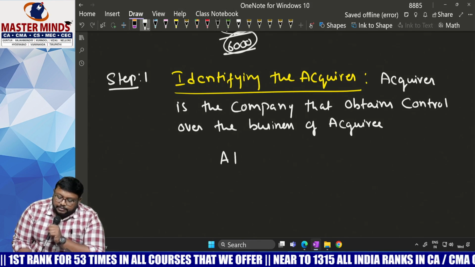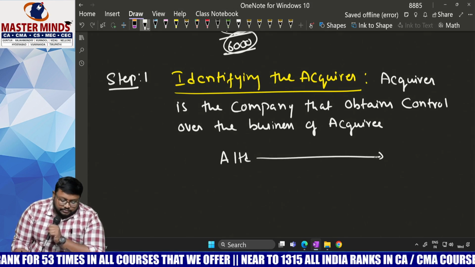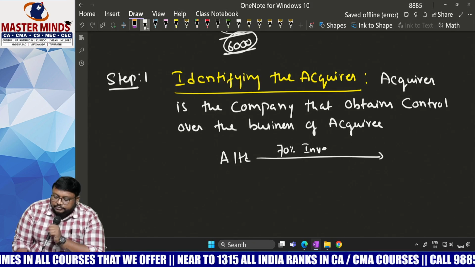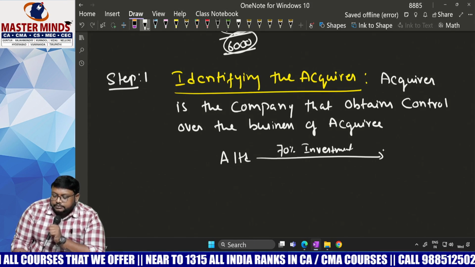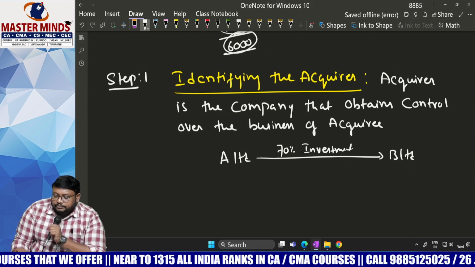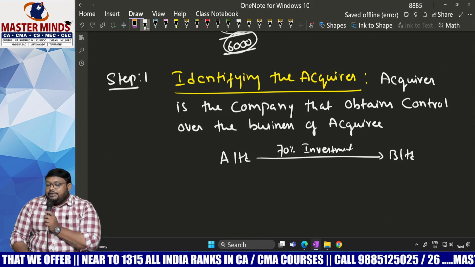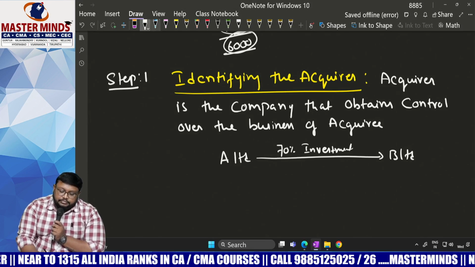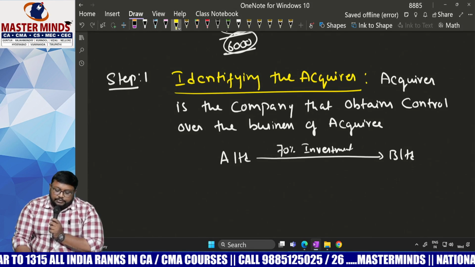For the best example, A Limited makes a 70% investment in B Limited. Now who is the acquirer? A Limited is an acquirer. Which acquirer?